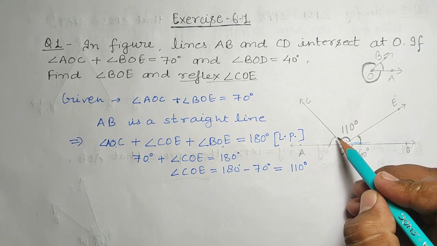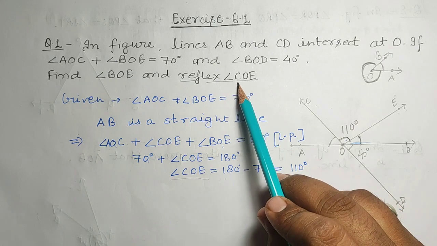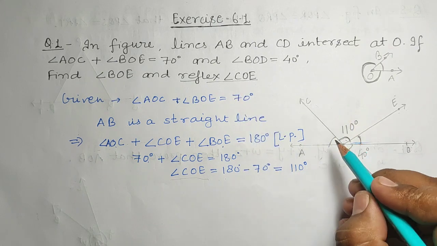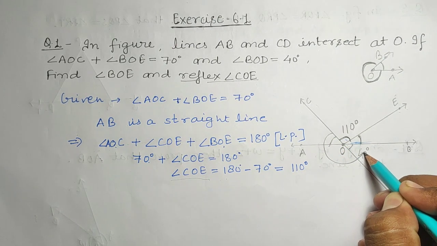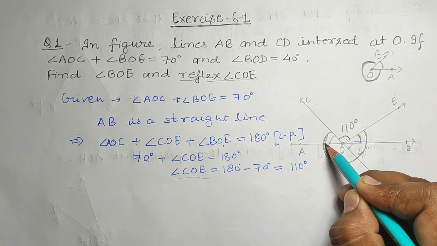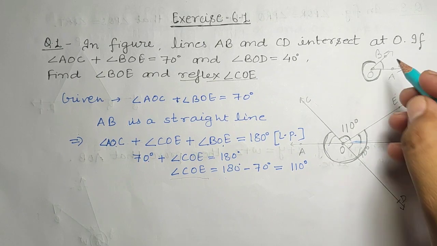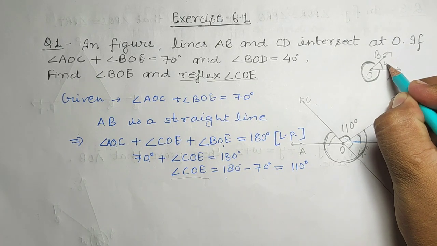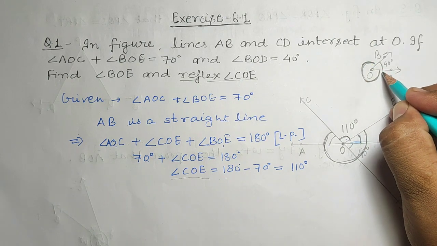So here in this question, you have to find reflex of angle COE. So reflex of COE is the whole angle here, the whole of this part. Now how will you find it? Suppose angle AOB was 40 degrees and you have to find the reflex of AOB.